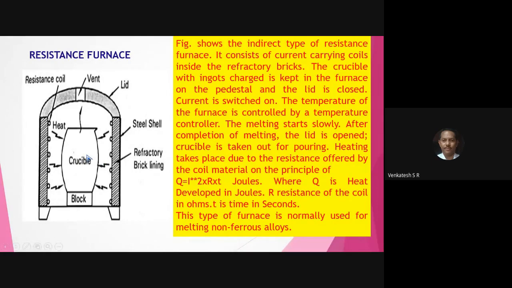If it is alloy steel, the temperature ranges from 2500 to 3000 degrees centigrade. This type of small resistance furnace is used for melting non-ferrous metals, such as copper alloy and aluminum alloy.